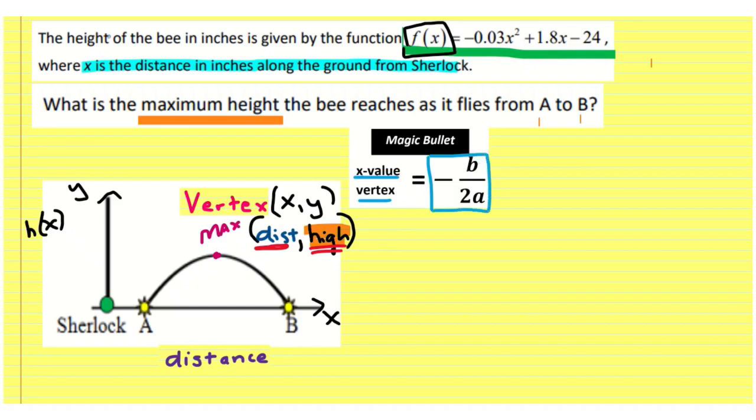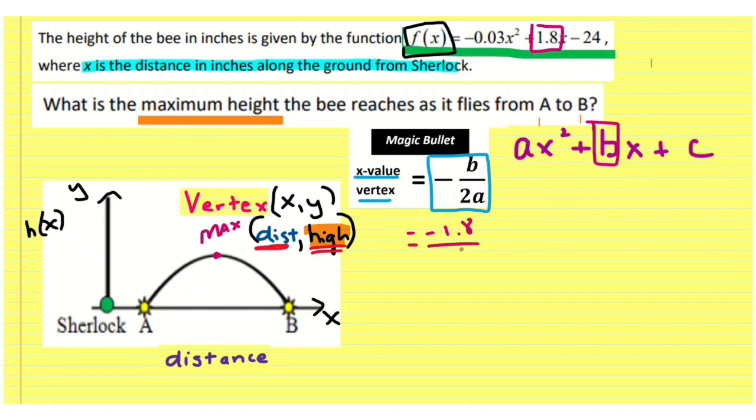Where do the b and the a come from? They come from the standard form of a quadratic, which is ax squared plus bx plus c. In our function, the b number is in front of the x, which is 1.8. So it's negative 1.8 over 2 times the a number.